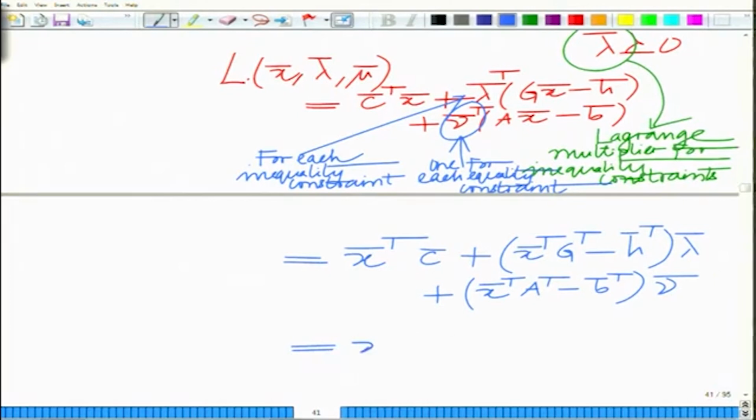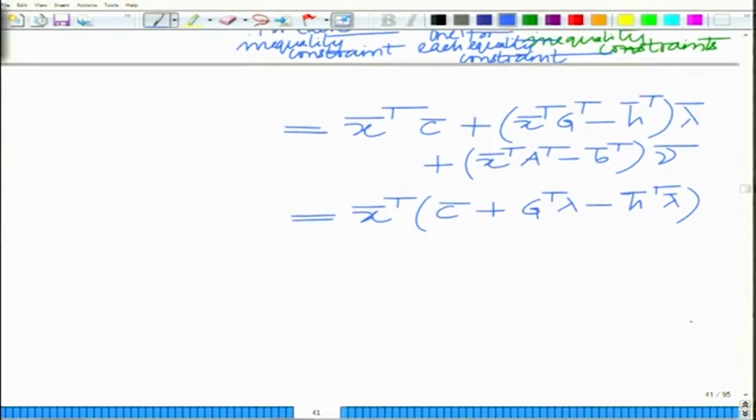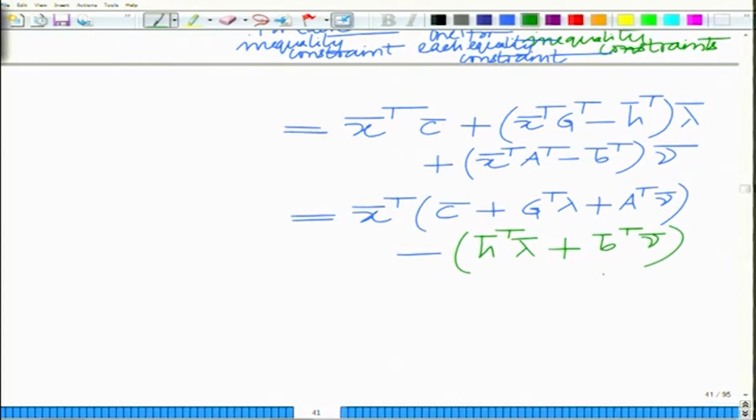Collecting all the terms in x bar transpose, this is c bar plus G transpose lambda bar plus A transpose nu bar, minus the constant terms, h bar transpose lambda bar plus b bar transpose nu bar.